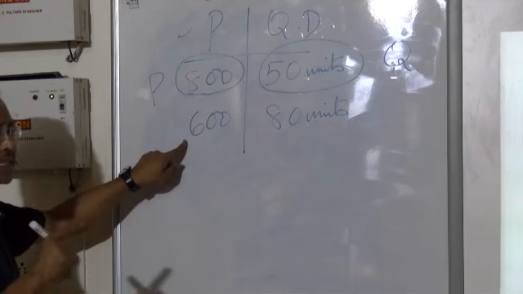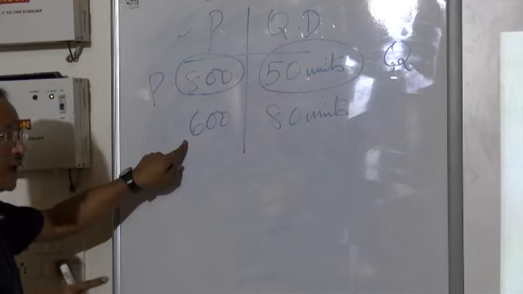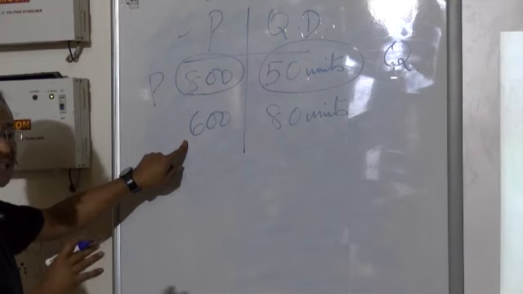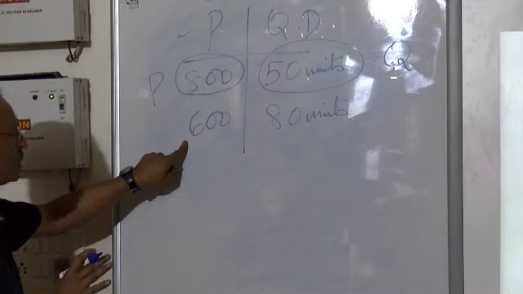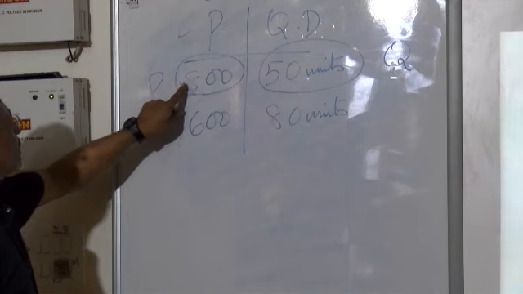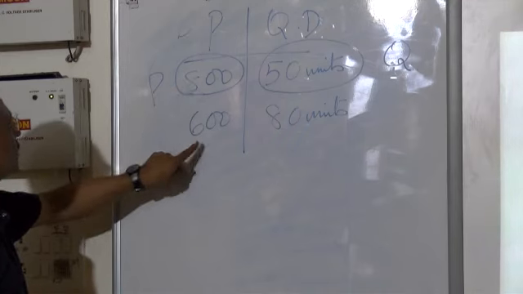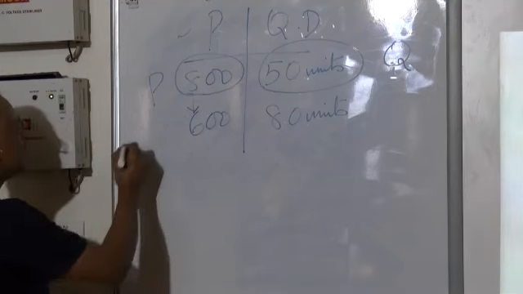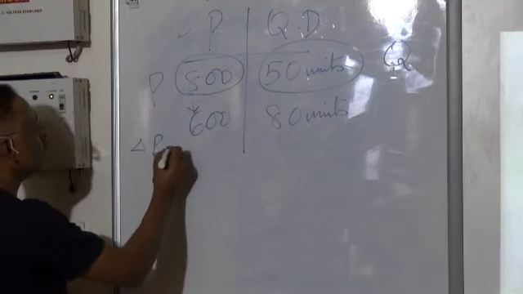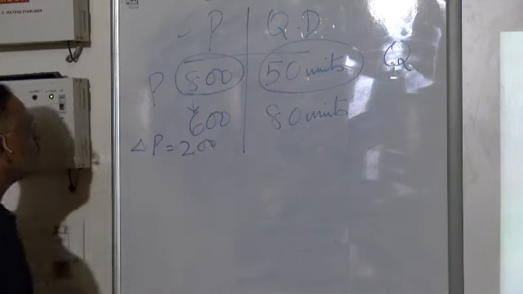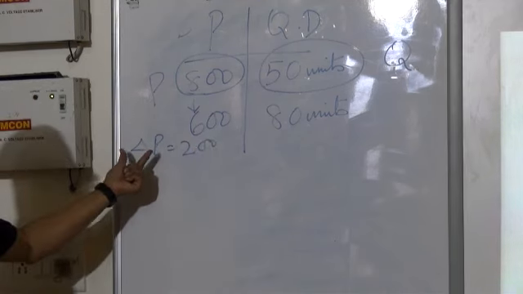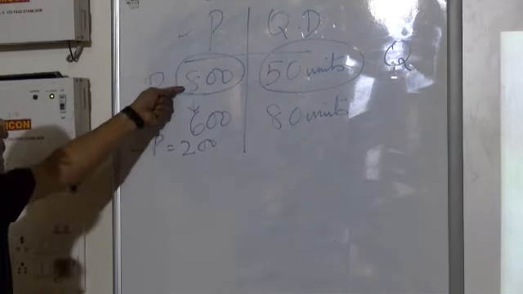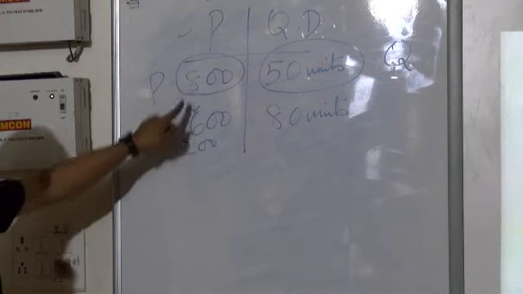Remember, when we do this calculation, we take the absolute value. Forget about the minus sign that is given to you in the question. So, if the price was 800, now it is 600, there is a decrease in the price of 200 rupees. We say delta P is 200. So, what does delta P stand for? Delta P stands for the change in the price by 200.